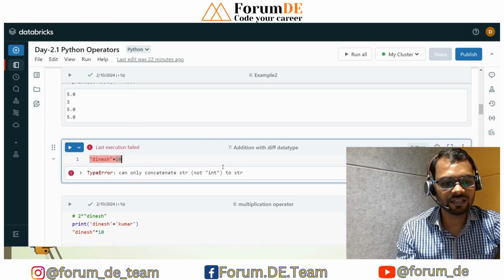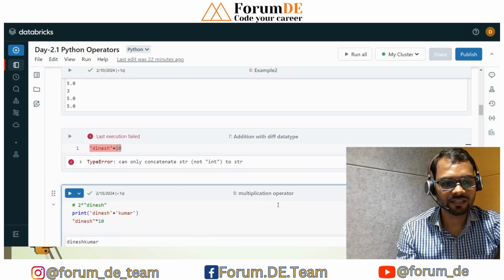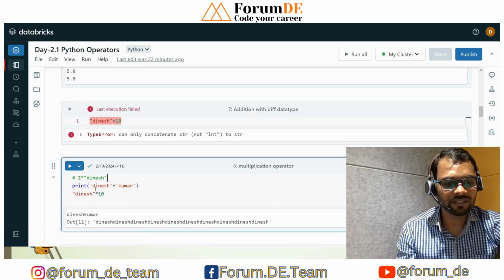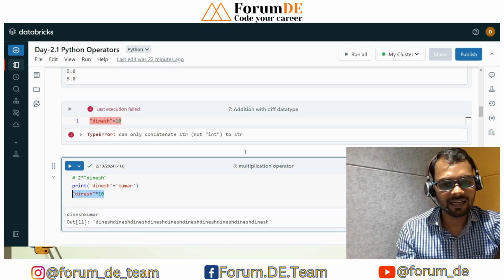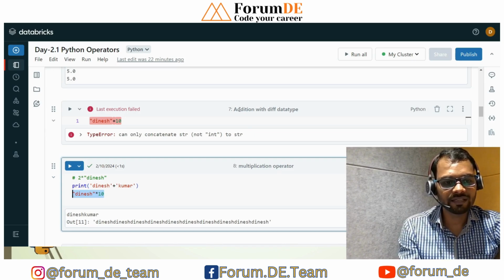Similarly, the multiplication operator: suppose you have a string and you multiply it with 10, this star, the multiplication, will work as a repetition operator. Multiplication will act as a repetition operator if it is a string and an integer, and the plus operator will work as concatenation if it is strings.